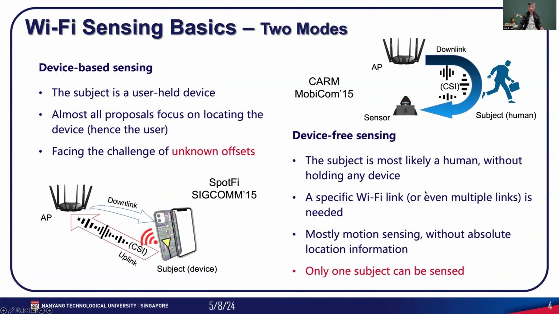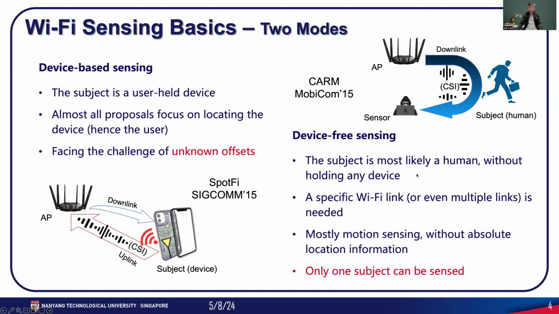Wi-Fi sensing actually has two modes. One is device-based, which is mostly just to locate the device. The other is so-called device-free, which doesn't require the human subject to wear any devices; we simply rely on a side channel to monitor behavior.